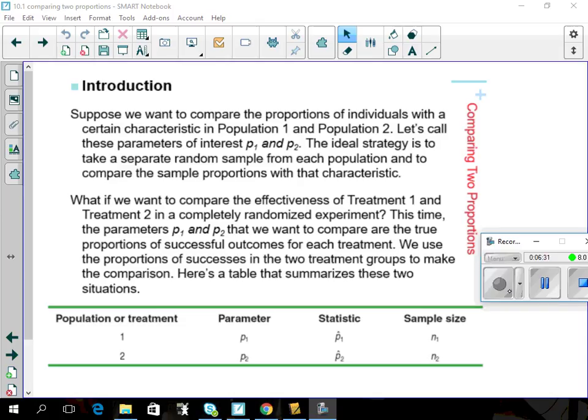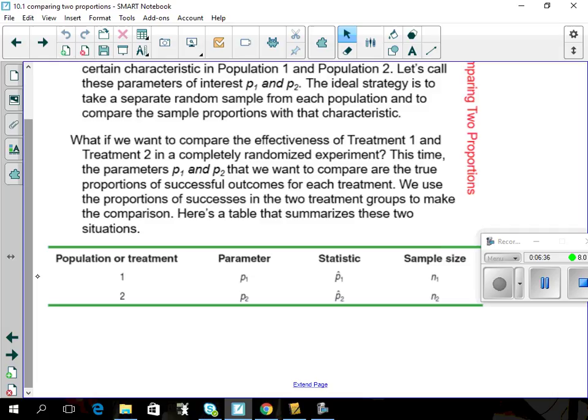So let's make sure we revisit the idea of notation, okay? So we have two different populations or treatments, depending on whether we're doing an experiment or the effectiveness, etc. The parameter, we're going to use just your regular P, but we're going to have to denote it with subscripts. So we have population 1 versus population 2, which is why we're using 1s and 2s. Sometimes you do A's and B's.